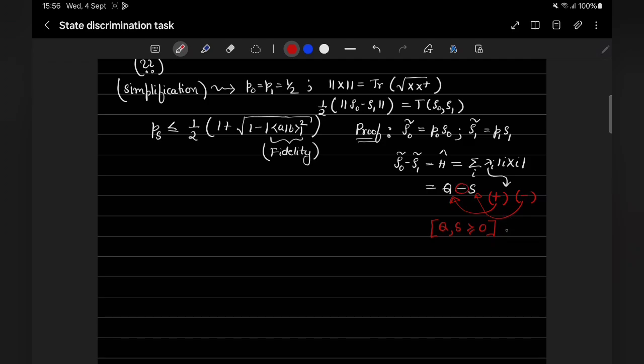And more importantly, Q times S is 0. This is because I have separated the positive eigenvalues and negative eigenvalues, and I can choose the eigenvectors to be orthonormal. So this is just the orthogonality condition. Now we are going to use this later on.